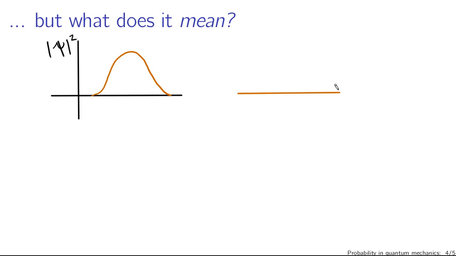So suppose I do that. Suppose I measure the position of the particle here. So I've made a measurement now. I've made a measurement, and I've observed the particle to be here.